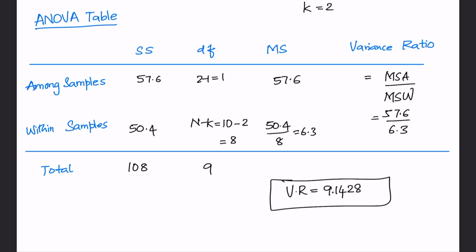Alright, so we have the variance ratio. We also know that this can be represented as the calculated value for F. So let's try and understand this F calculated value, which is 9.1428. Now we have to calculate the table value. Here we have DF1 as 1 and DF2 as 8.